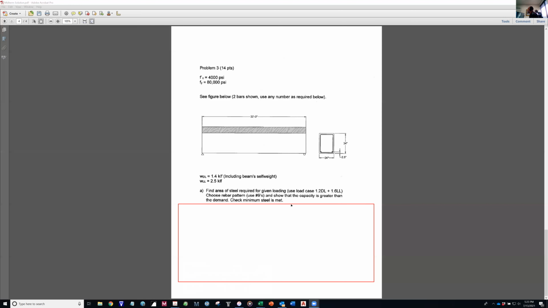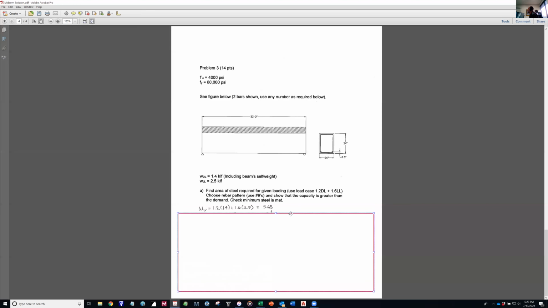Okay, so to solve this, first thing we need to do is generate our loading. So the distributed load is a factored version of the service load. So I use 1.2 times the dead load's 1.4 plus 1.6 times a live load of 2.5. That gives me 5.68.